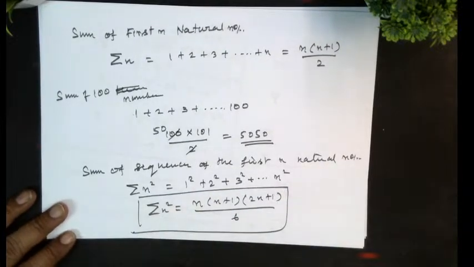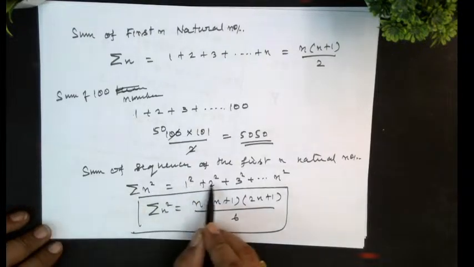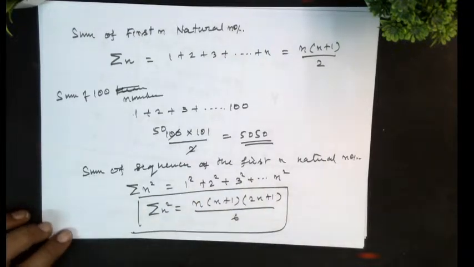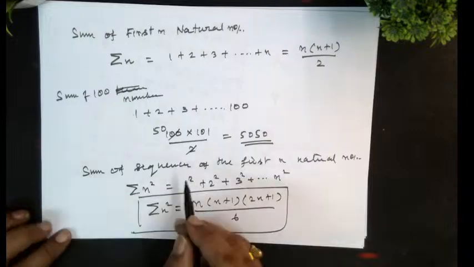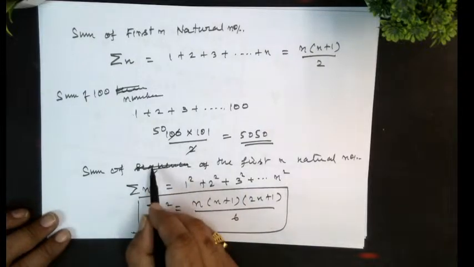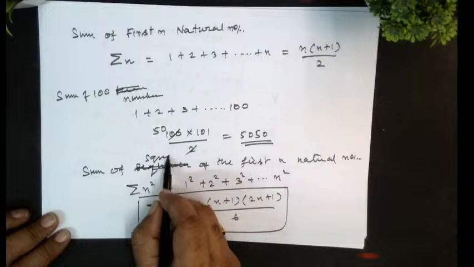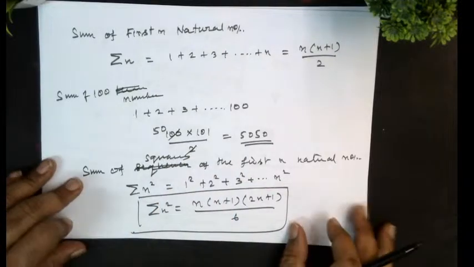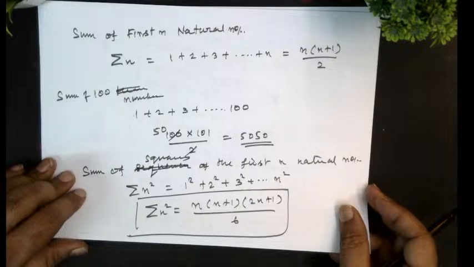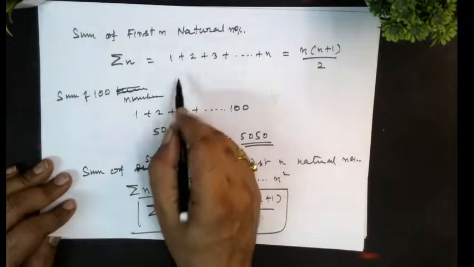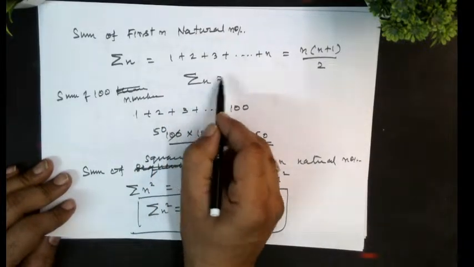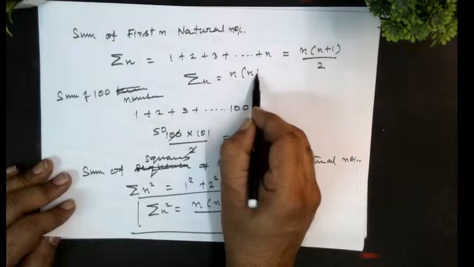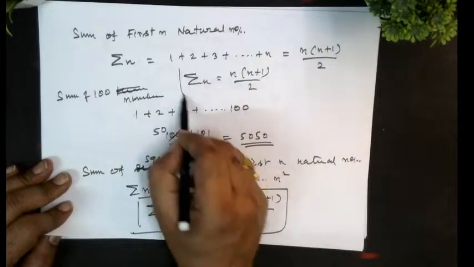That is the sum of squares of the first n natural numbers. You can say sum of squares of the first n natural numbers. Similarly, this one is the sum of natural numbers, n into n plus 1 divided by 2.